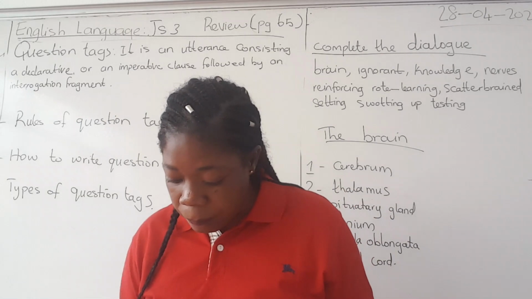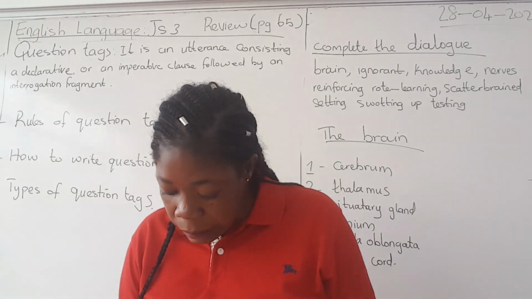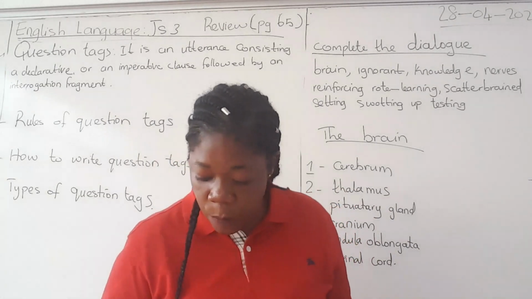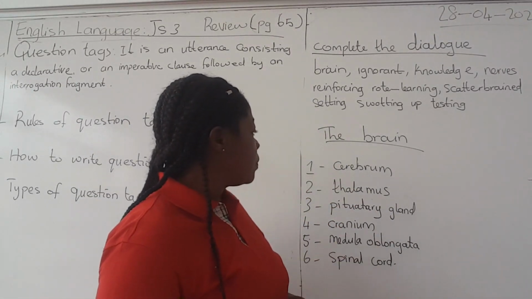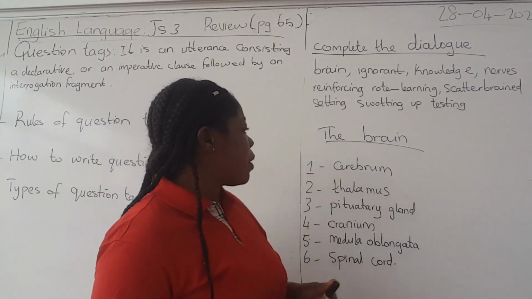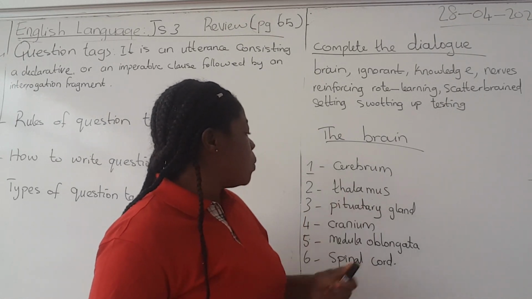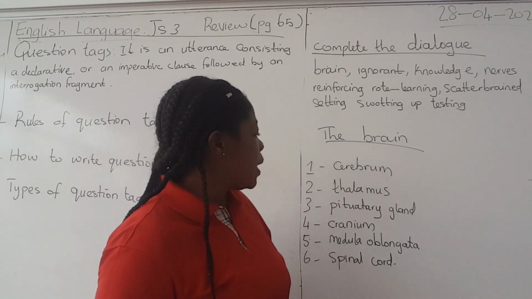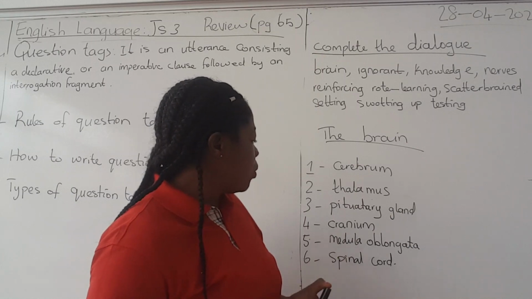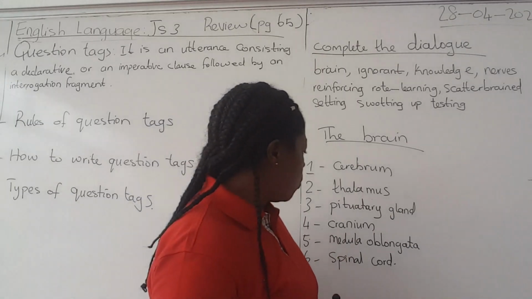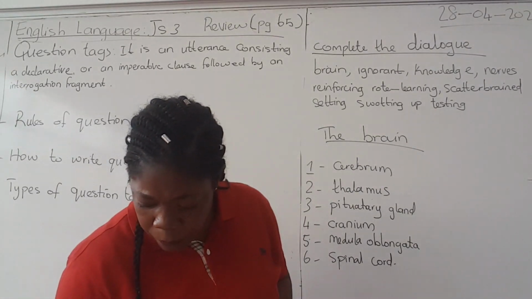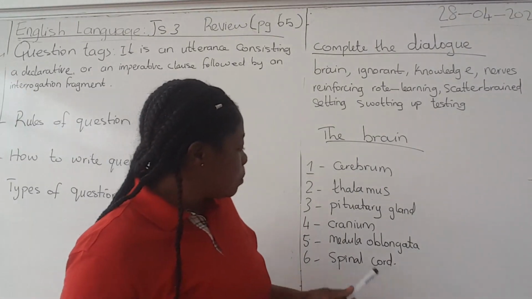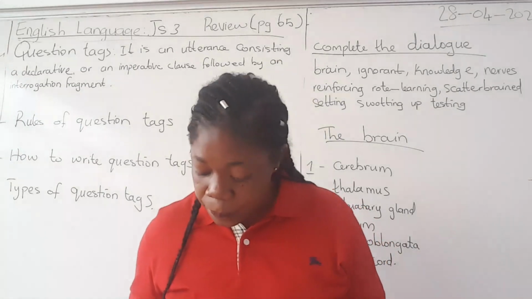That is the brain. Let's first of all read the words that we have to use to match them to the diagram. We have cerebrum, thalamus, pituitary gland, cranium, medulla oblongata, spinal cord.